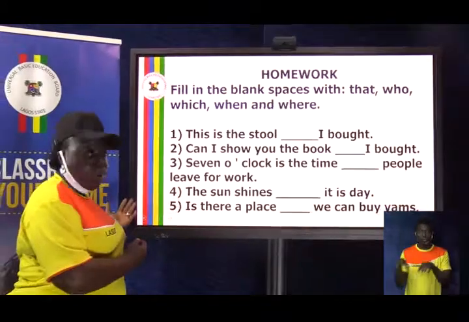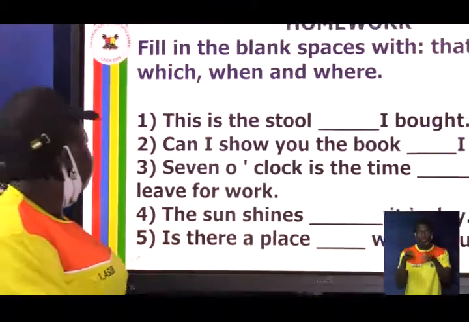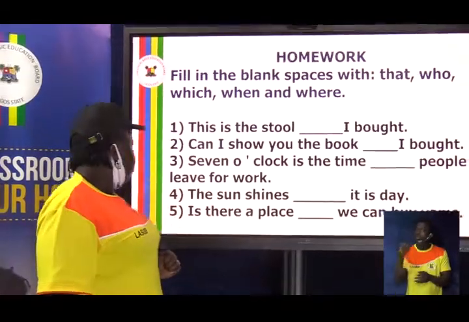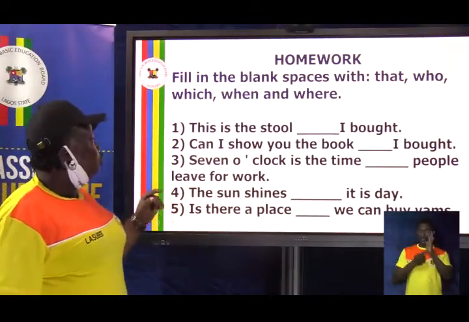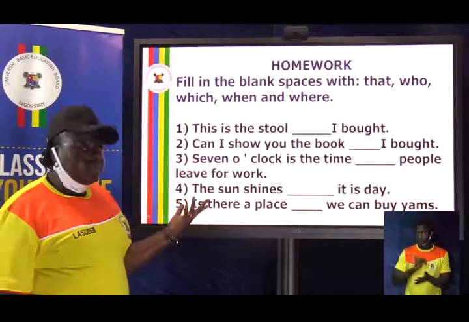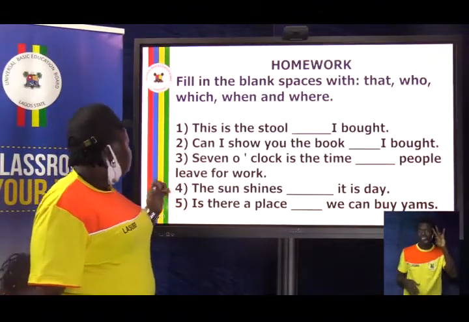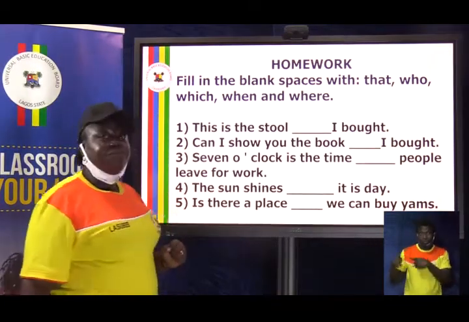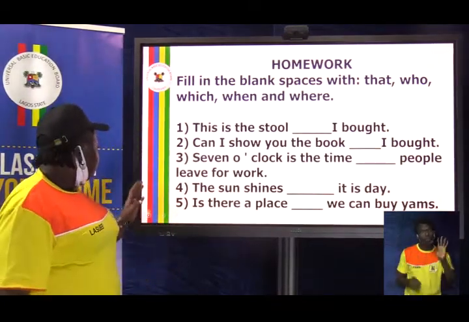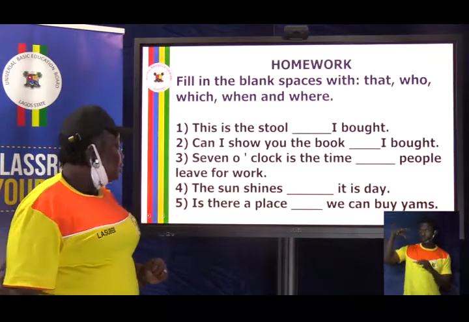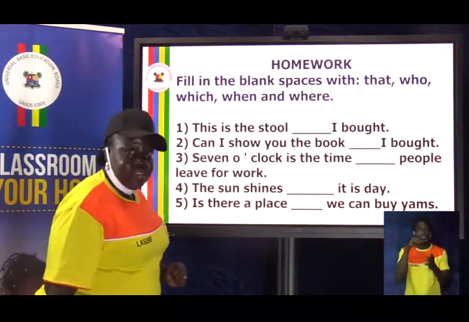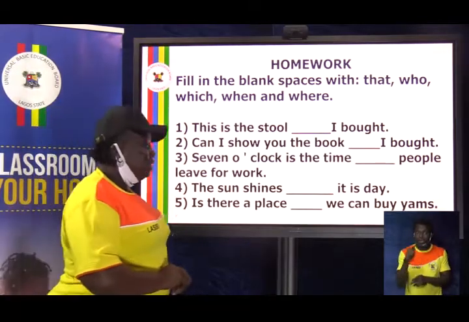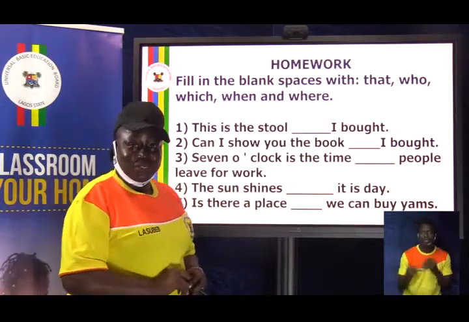Just the way we did it during the activity time. 1, this is the stool dash I bought. 2, can I show you the book dash I bought? 3, 7 o'clock is the time dash people leave for work. Number 4, the sun shines dash it is day. And the last one, is there a place dash we can buy yams?